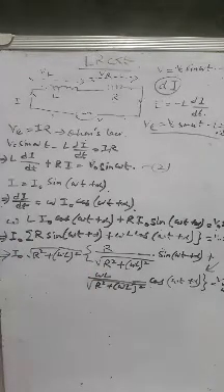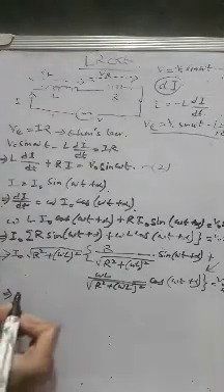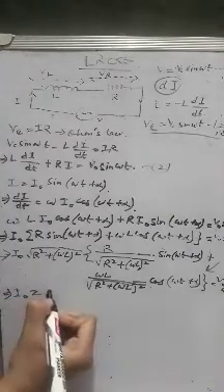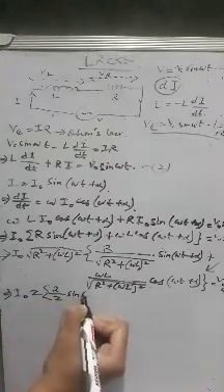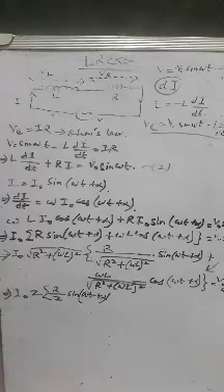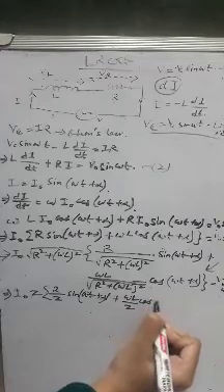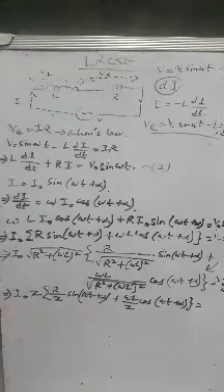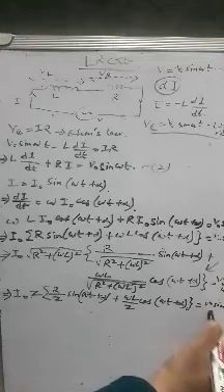So how can I write the next step? Just see how I'm writing it, then I will explain. I naught Z within bracket R by Z sine omega t plus alpha, plus omega L by Z cos omega t plus alpha, which is equal to V naught sine omega t.